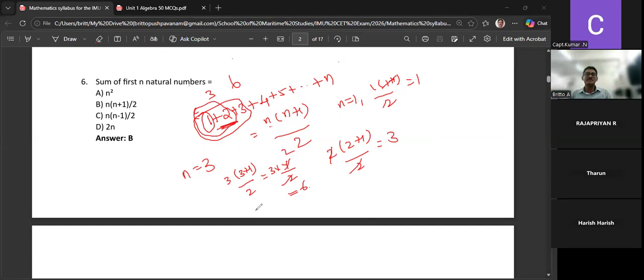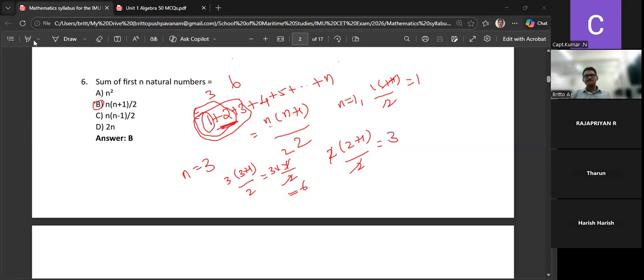You can verify using the mathematical induction principle. It's the last topic in the syllabus. So the sum of the first n natural numbers, the answer is n into n plus 1 divided by 2.